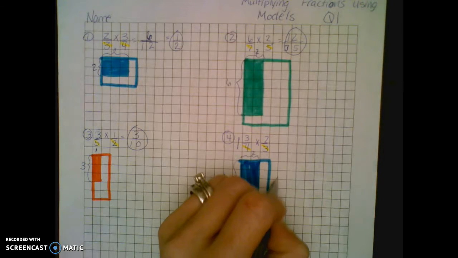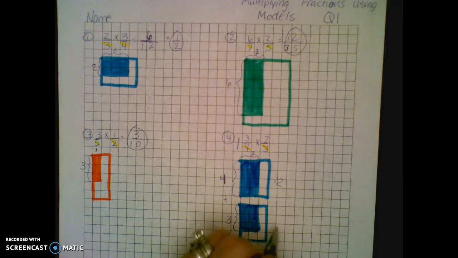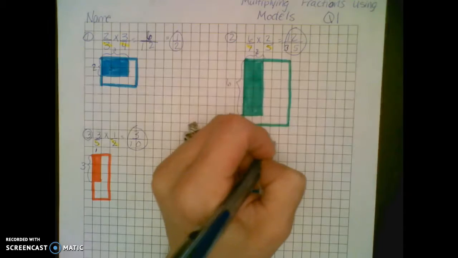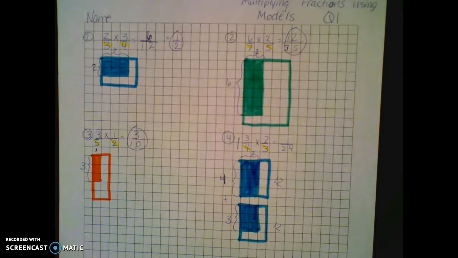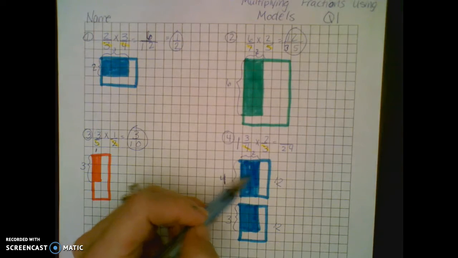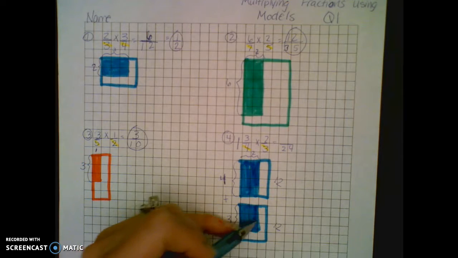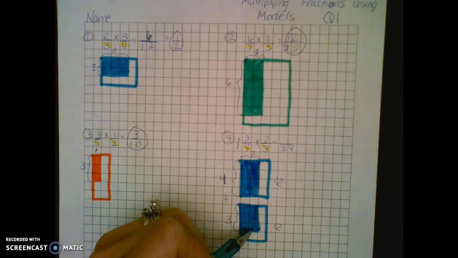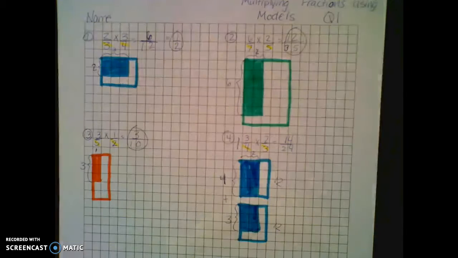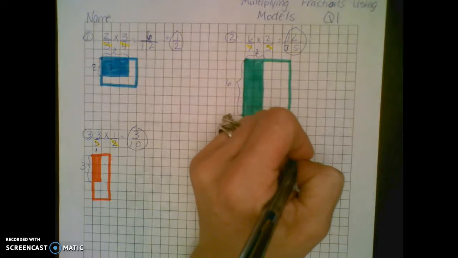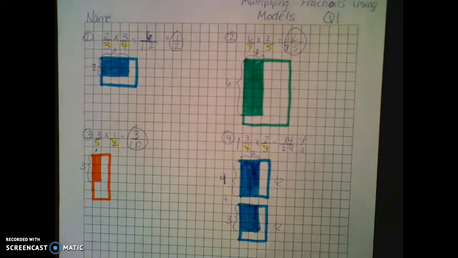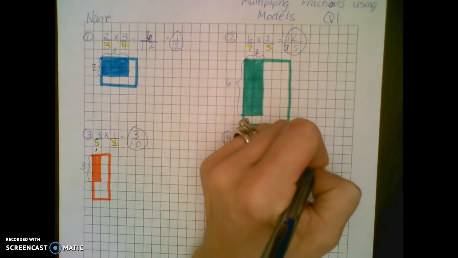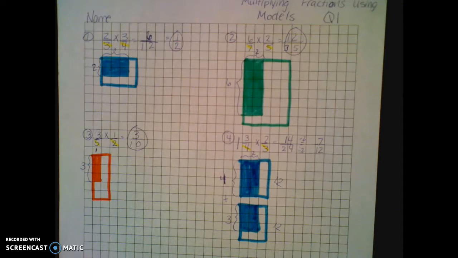There are 12 that make up this model and 12 that make up this model, so my denominator is going to be 24. Out of the 24, I have 1, 2, 3, 4, 5, 6, 7, 8, 9, 10, 11, 12, 13, 14 shaded in. So I have to simplify that. I can divide the numerator and denominator by 2, and that would give me 7/12.